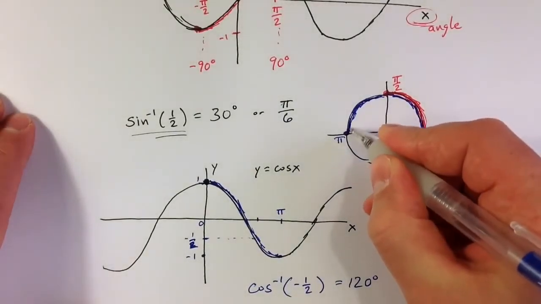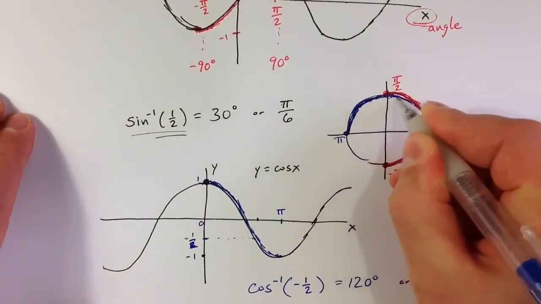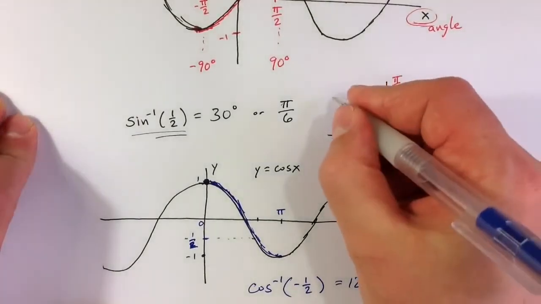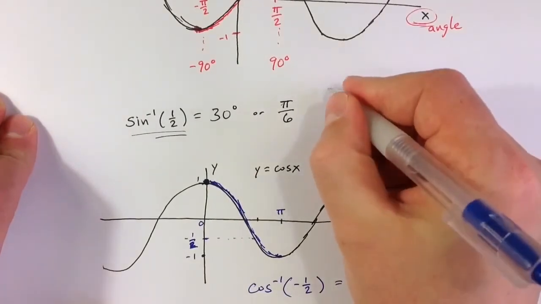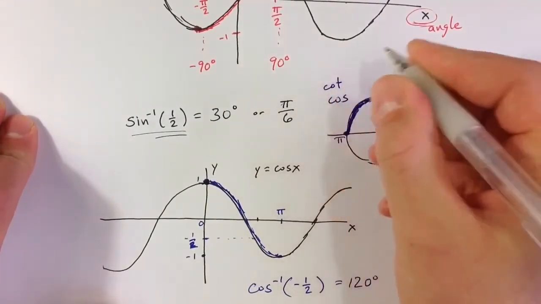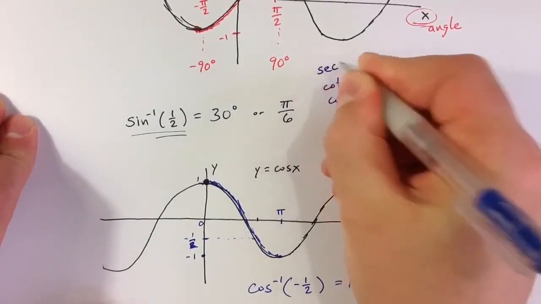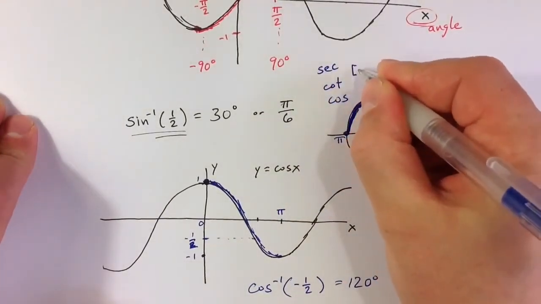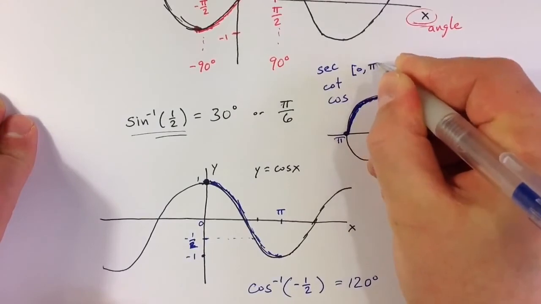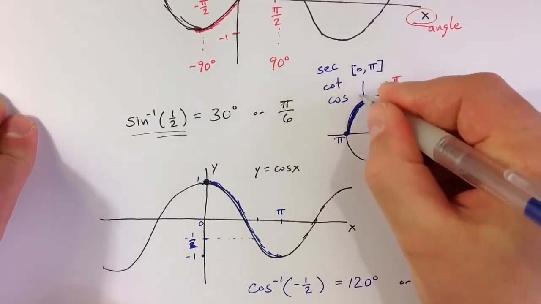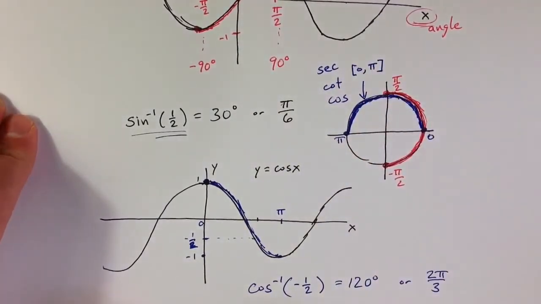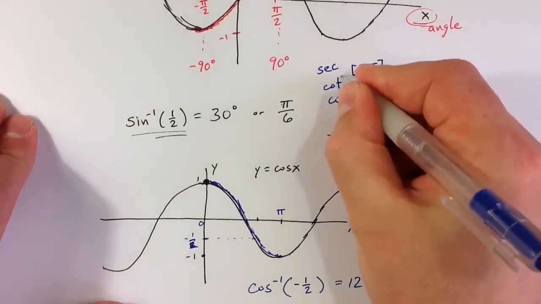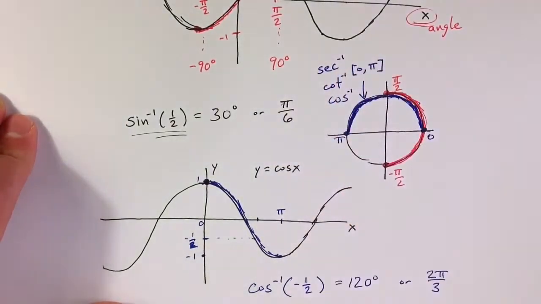It turns out that the other trigonometric functions follow a similar pattern. For cosine, for cotangent, and for secant, the basic range of angles is going to be from 0 to pi. That's the way that we define inverse cosine, inverse cotangent, and inverse secant.